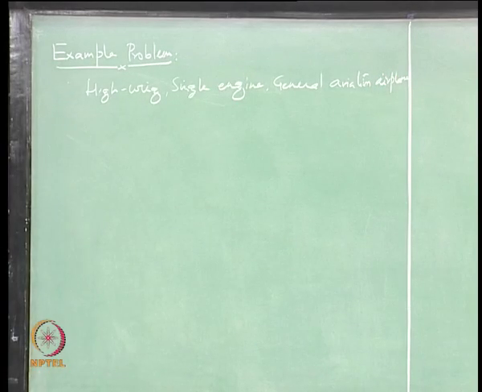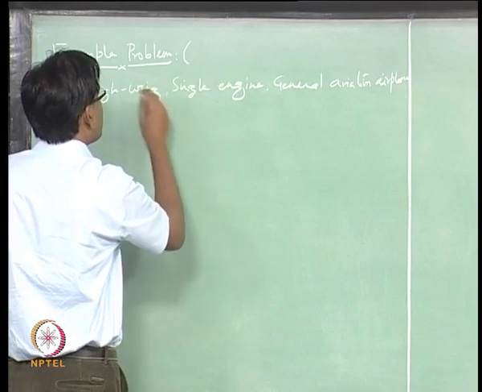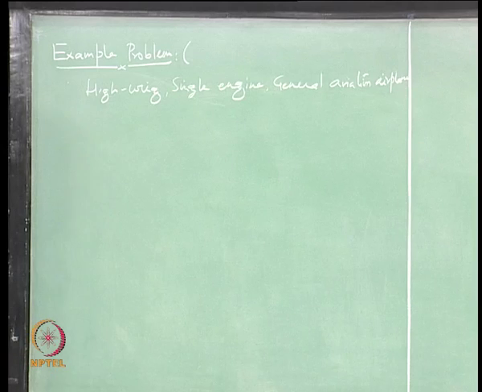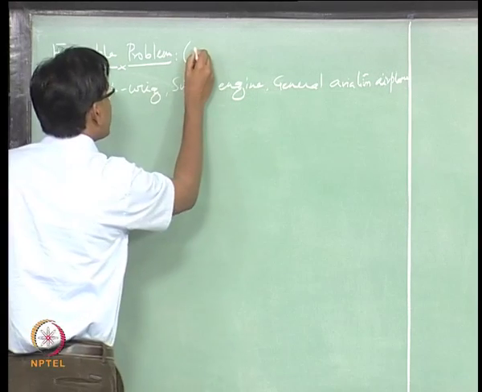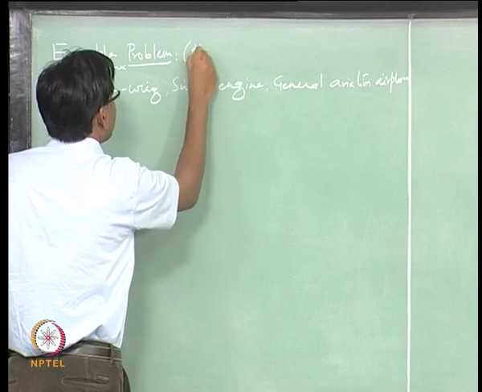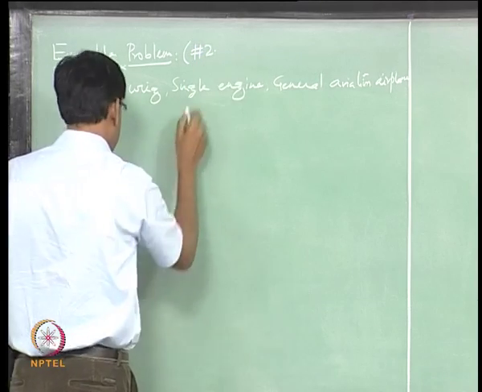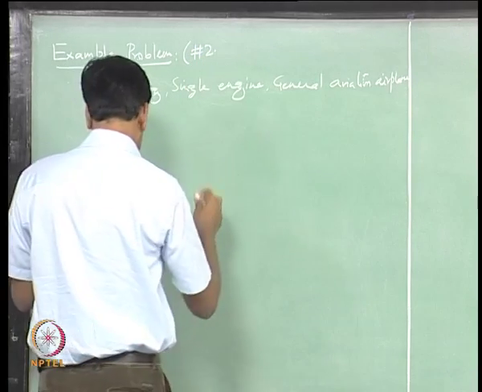Okay. And this example we have taken from the book by R.C. Nelson. Okay. So, the number I think is 2.1.